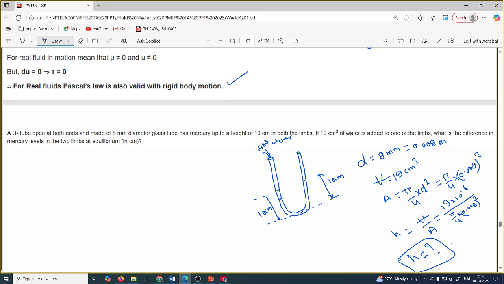Let us suppose it is here, and in this limb your mercury level will increase, that is here, the new one, and this is your mercury. So now the question is asking about the difference between these two heights.